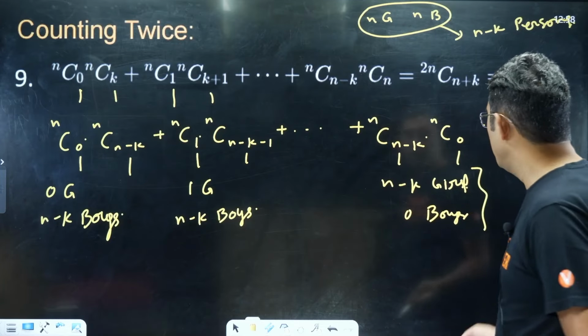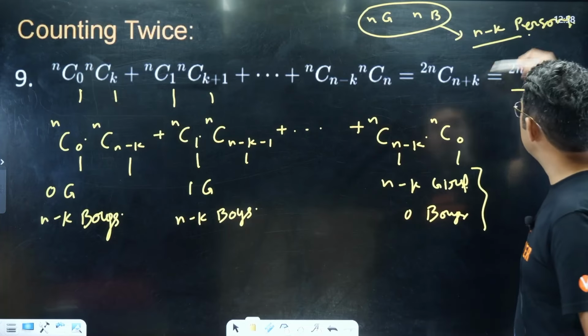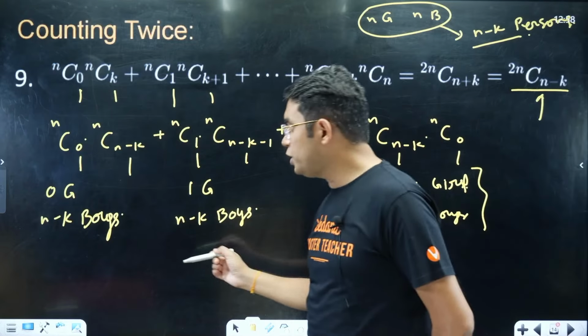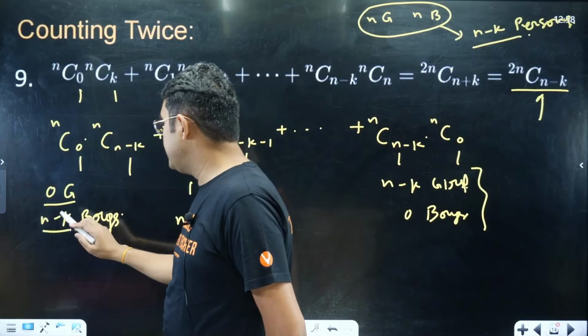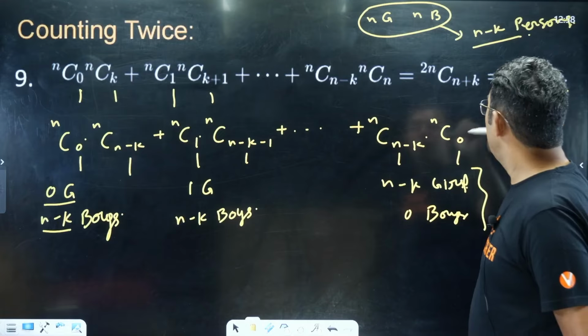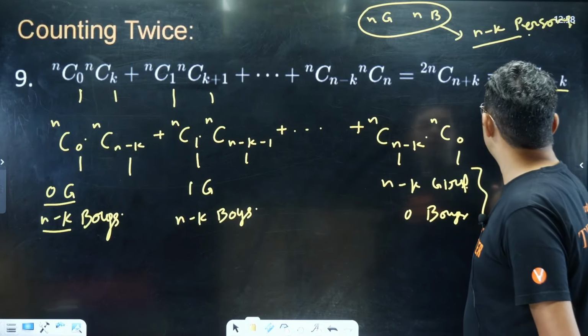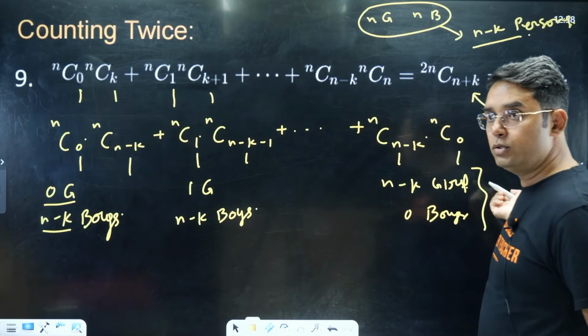This is clear, I think. There is no other possibility, because if a total of n minus k persons are there, they will be distributed among girls and boys only. So 0 girls with n minus k boys, and like this. So this has to be equal to this thing. Now by the property nCr equals nC(n minus r), we can write these two as equal. So that is direct.